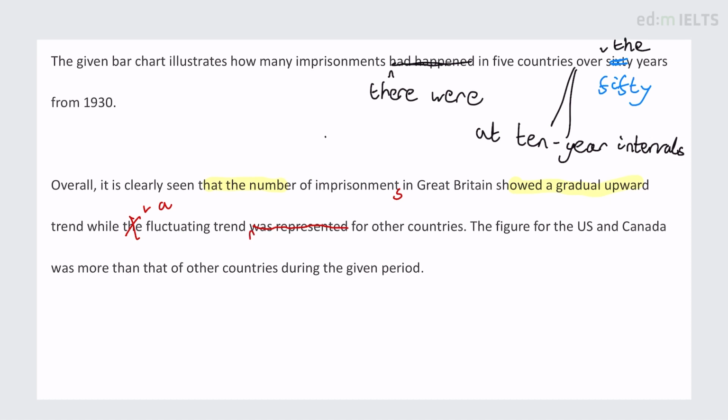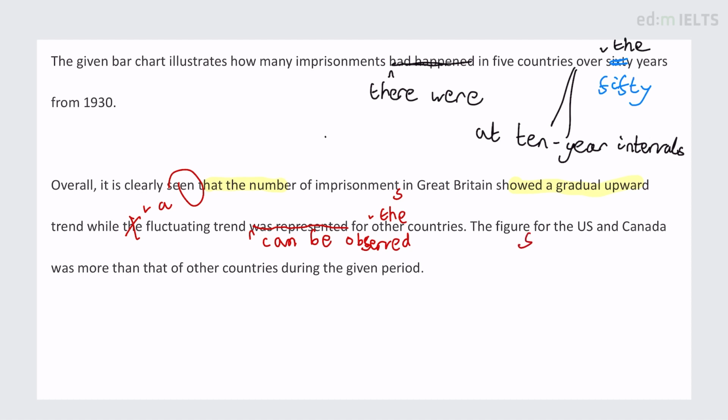I'm just going to say can be seen. Oh, not seen. I've used that already. Can be observed. For other countries, and really the specific other countries shown, I'll add the can be observed for the other countries.